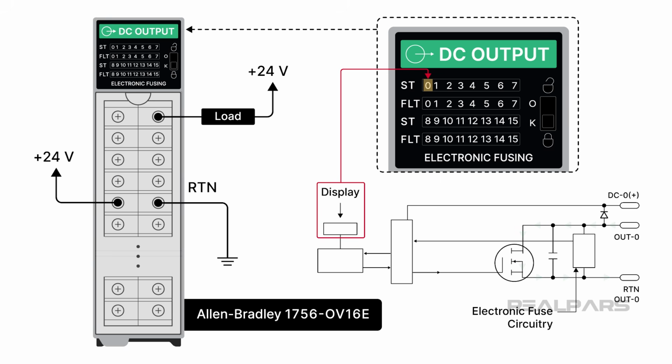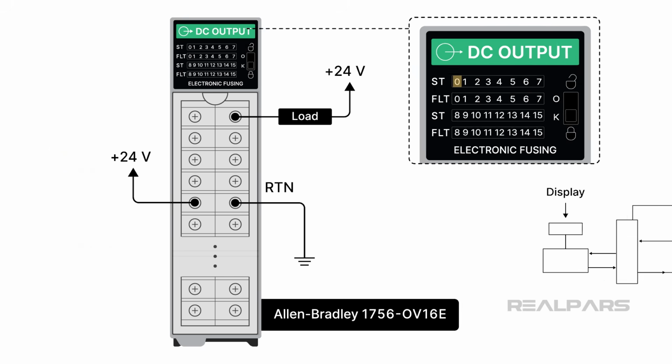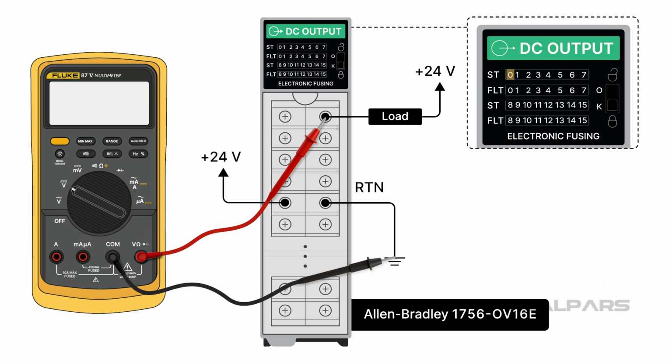It only shows that the PLC has commanded the internal switch to close. Be cautious when measuring the output voltage. Under normal operating conditions, when LED 0 is off, the output voltage will be 24 volts. If LED 0 is on, the output voltage will be close to 0. The module does not supply the 24 volts, as it originates from the load.